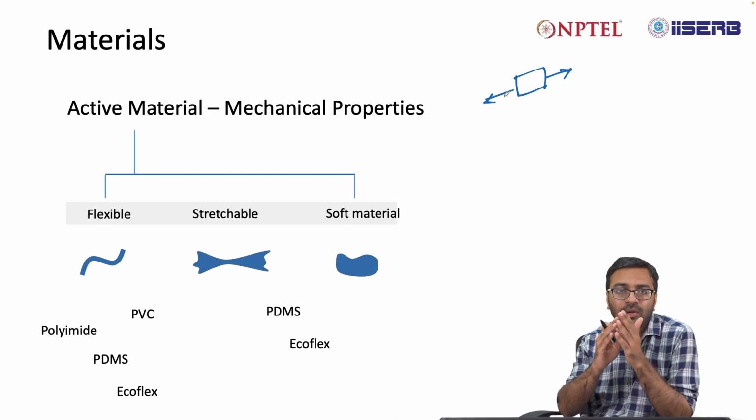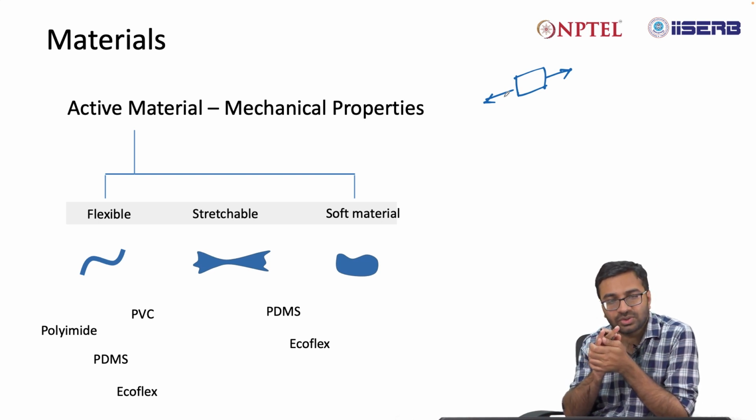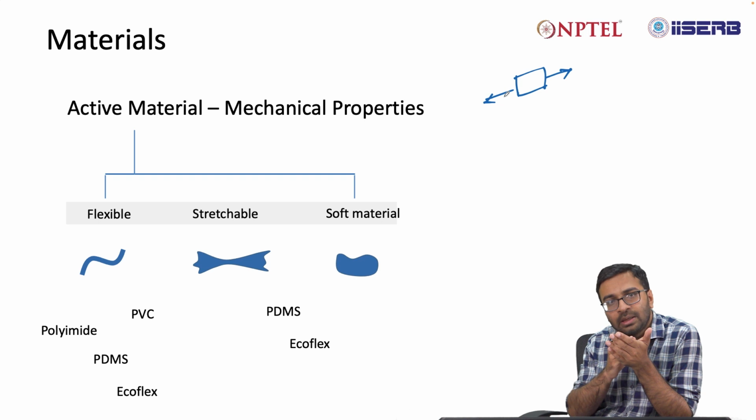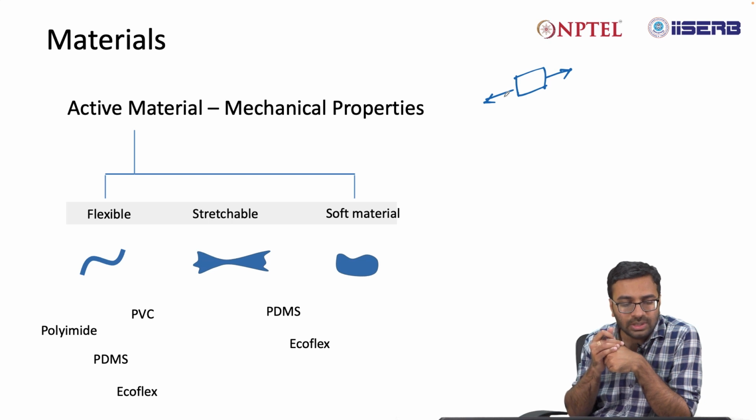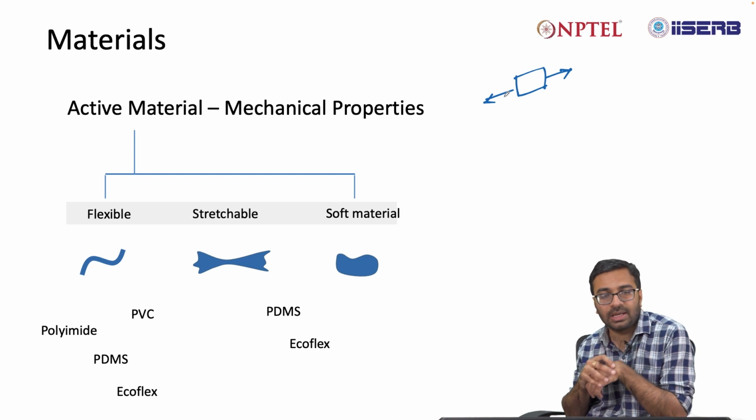In that case, if your material itself is not flexible and stretchable, the active material cannot act properly for strain detection. So in those cases, you need flexible and stretchable materials, and you may also need soft materials in certain cases.